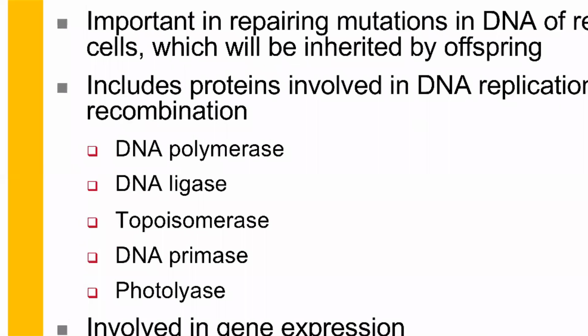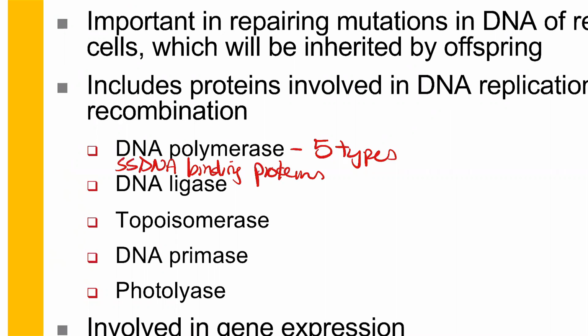DNA polymerase, we actually have 5 types of DNA polymerase in prokaryotes and eukaryotes. You have DNA ligase, right, to repair those breaks. You have single-stranded DNA binding proteins. I don't know why your book didn't put those in, right?